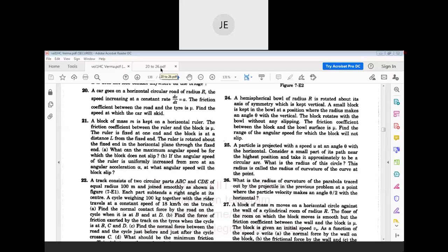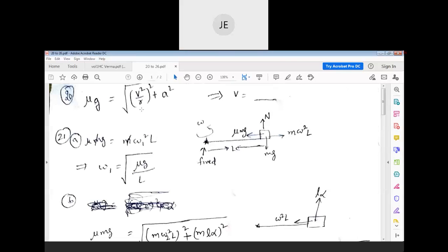So use this equation, that is acceleration mu g should be equal to the resultant of this one, square root of (v square by r) whole square plus a square. Here a is the tangential acceleration, and from here you try to find out v.